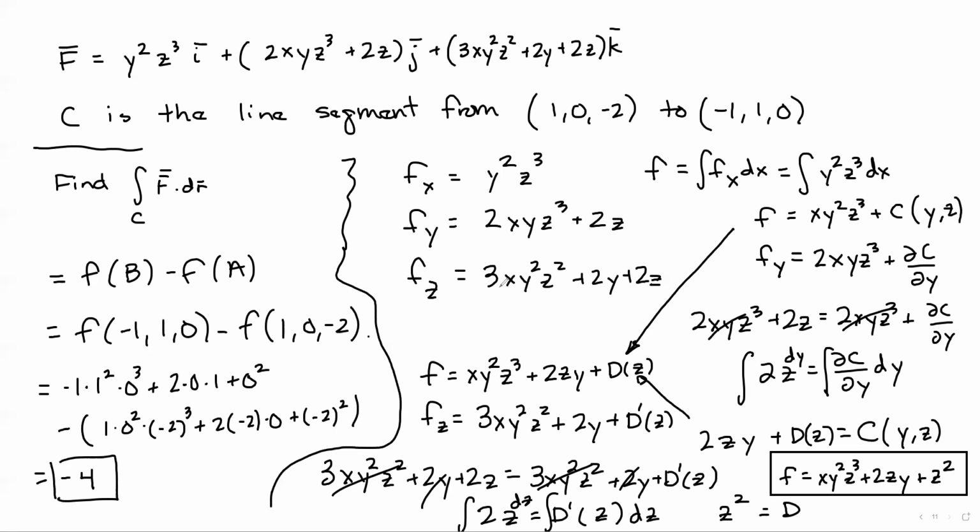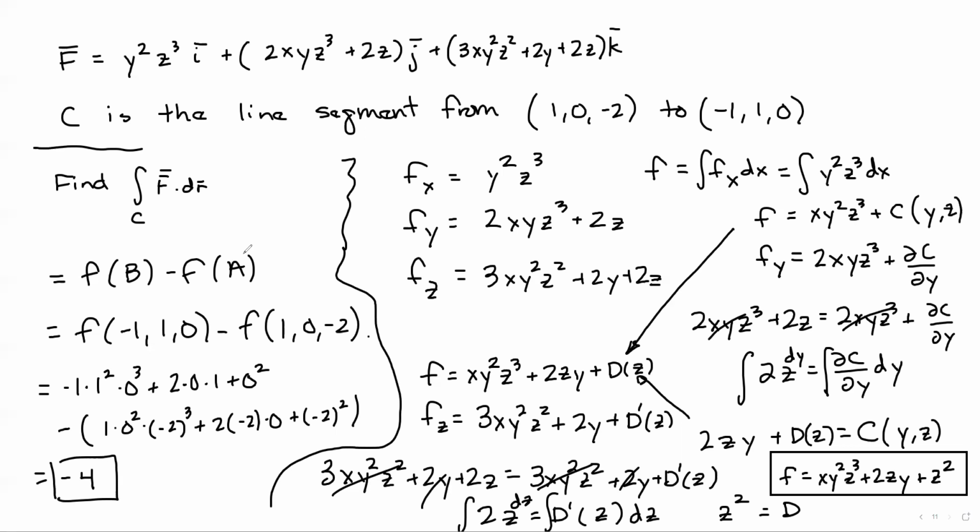You've got to take the partial of P with respect to Y and compare it to the partial of Q with respect to X. That's our test to figure out whether the capital F is conservative, whether the capital F has a lowercase f with those characteristics. So you got to go through and use that test.